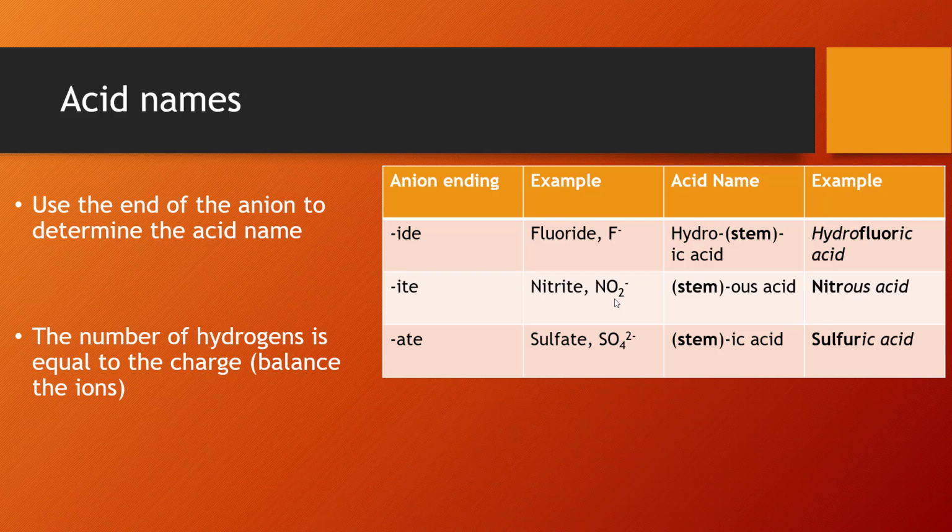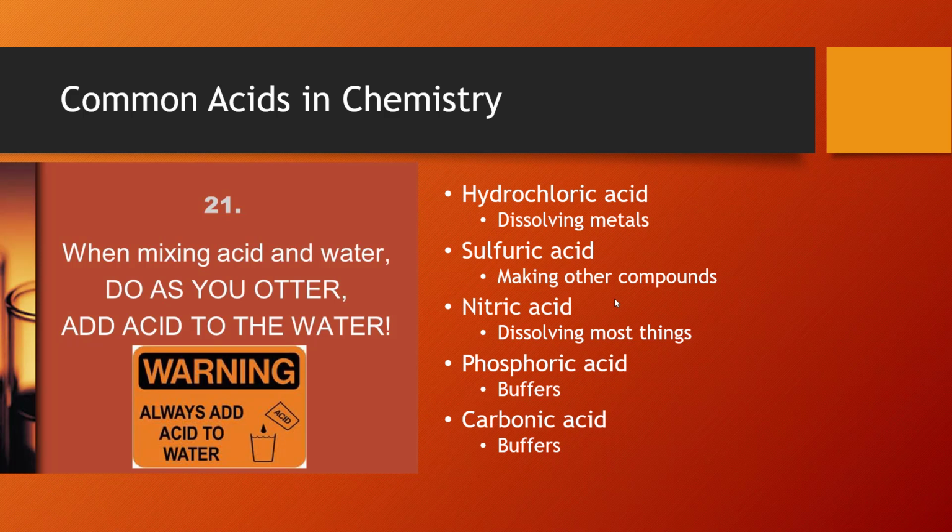Well, yes, that's where the original names do come from, admittedly. So this is how you're going to name the different acids. And the number of hydrogens in those acids is equal to the charge of the anion. So nitrite would have a single hydrogen in nitrous acid, and sulfate will have two hydrogens in sulfuric acid.